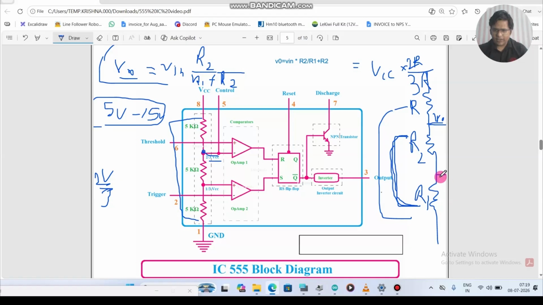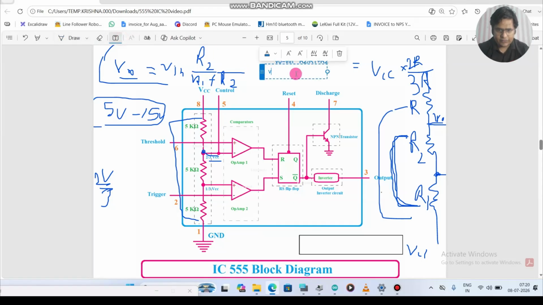Okay, now if I calculate at this point, again according to the voltage divider formula, V output equals VCC into R, just R, because you can see just one R is there on this side, right?